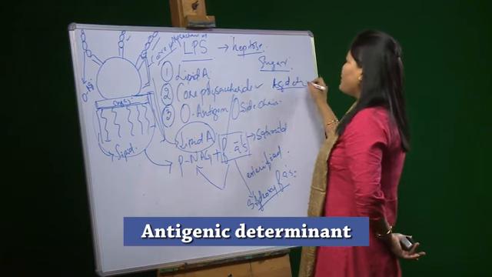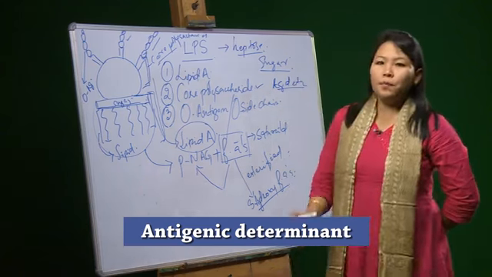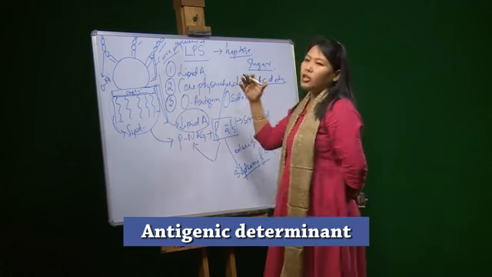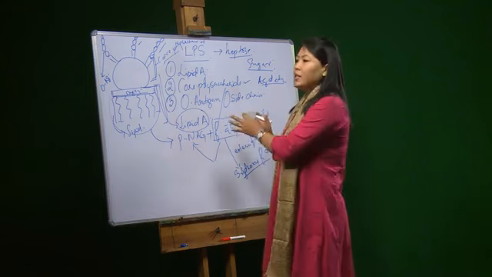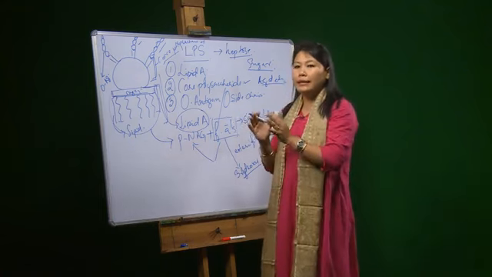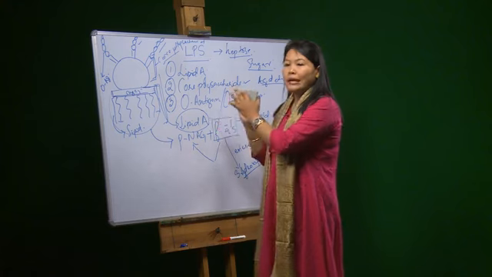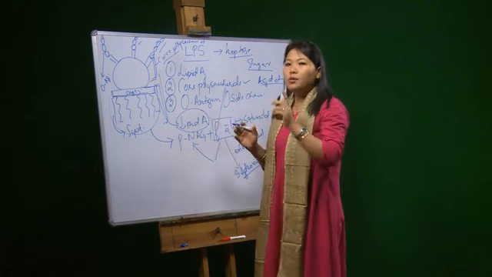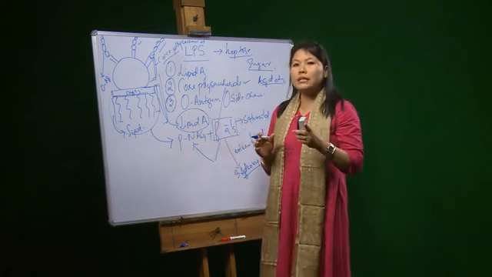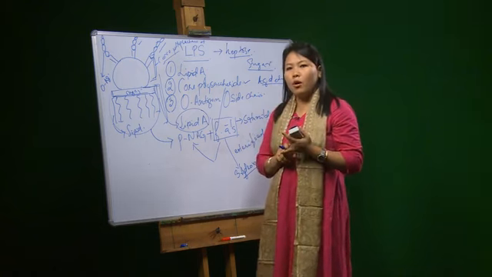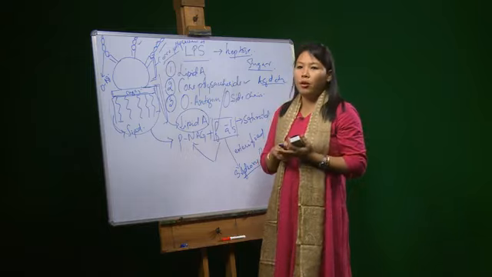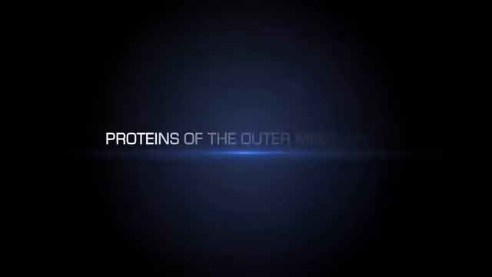Immunologically, it is termed an epitope. Antigenic determinants or epitopes are the portions on the antigen which the immune system recognizes. This immune system may be your antibodies, your B cells, or your T cells.